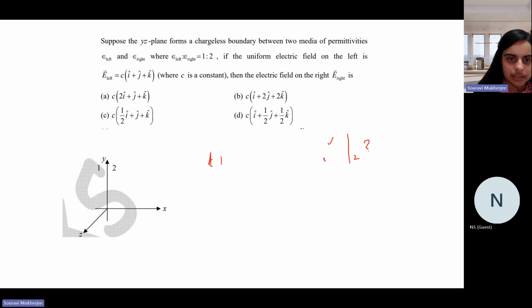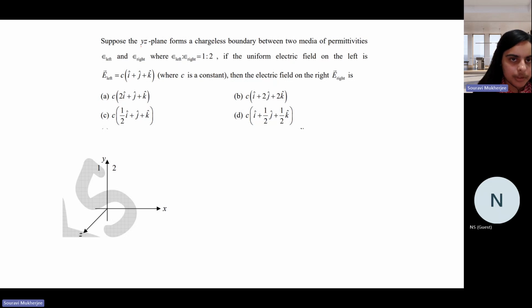So what that tells us is epsilon left into E left, just the normal component, should be equal to epsilon right into E right of the normal component, right? And what do you mean by the normal component? The normal component of the boundary.